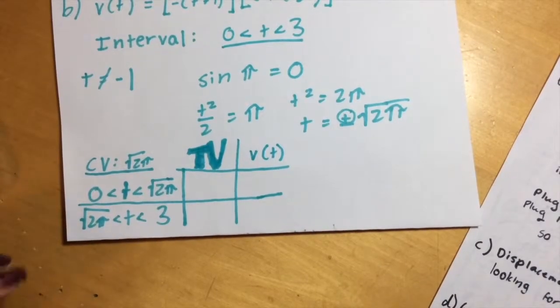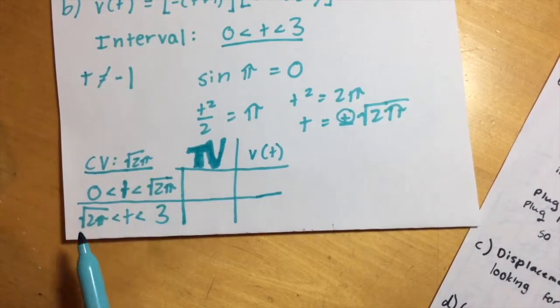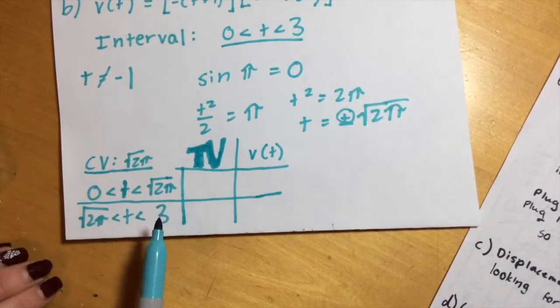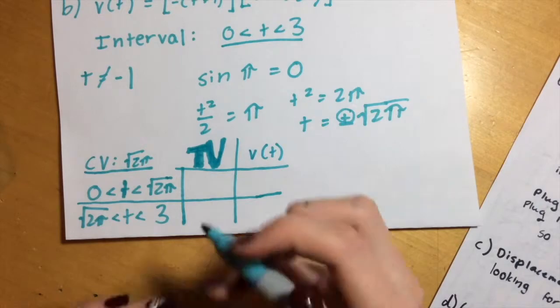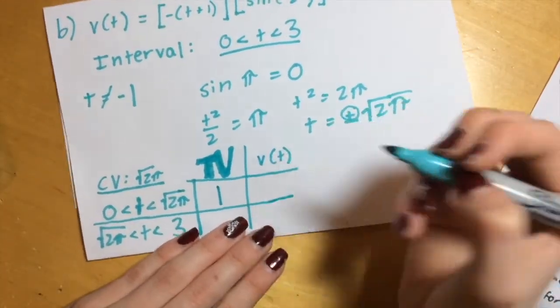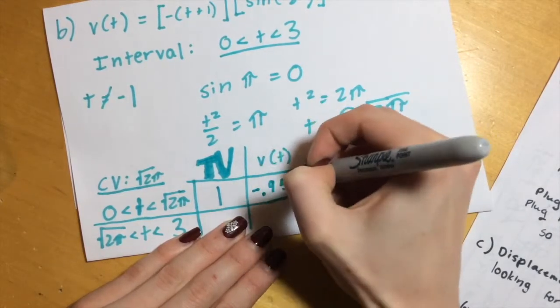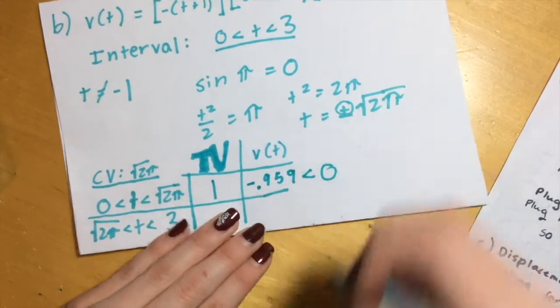To confirm that the particle changes direction at this t equals the square root of 2 pi, we're going to test values in the different intervals. So on the interval 0 is less than t is less than square root of 2 pi, we're going to test the value 1, and the velocity at that time comes out to be -0.959, which is less than 0.